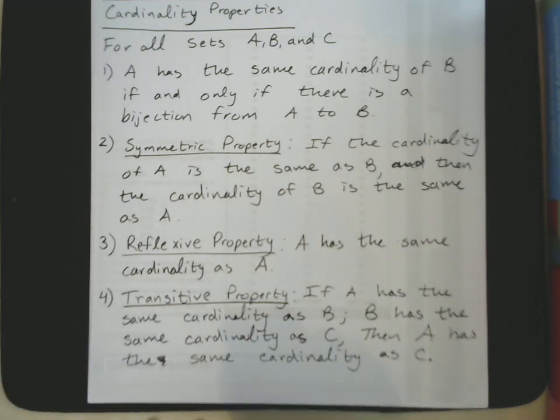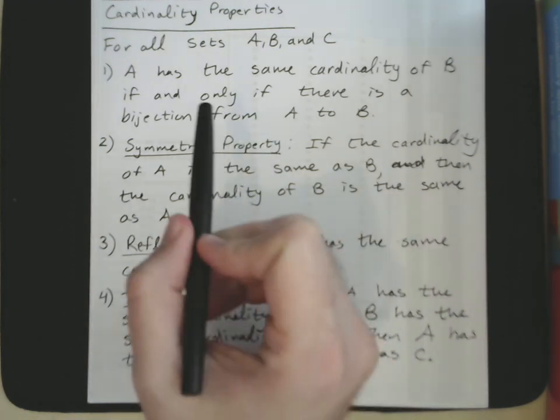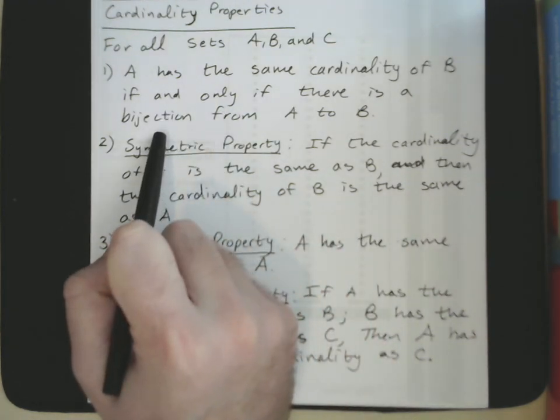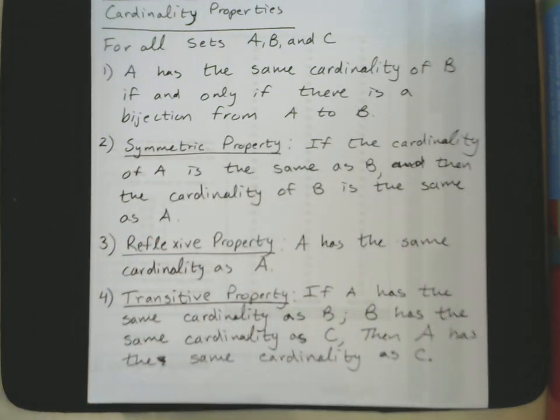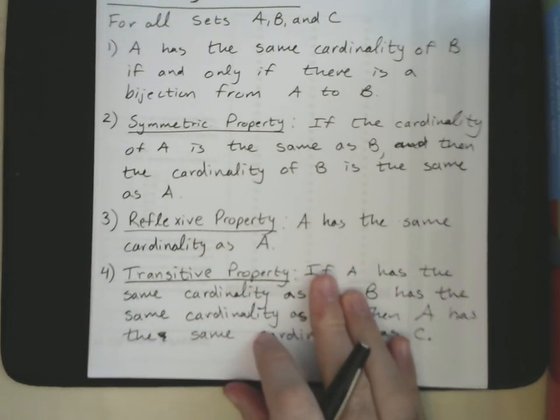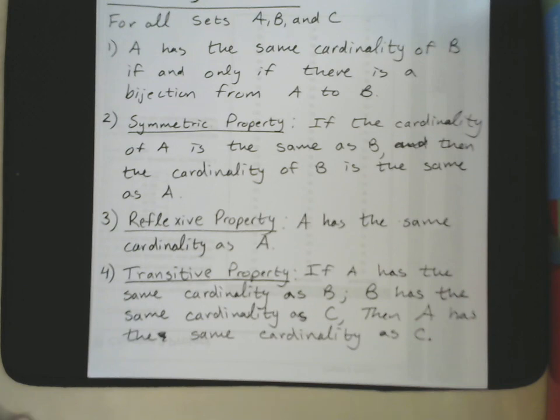It also means that proving things have the same cardinality is the same as proving that there's a bijection, which comes down to proving that it's injective and surjective. So you have to have a mapping. So we're going to look at a couple examples, some proofs, and some countability stuff after this. All has to do with cardinality.